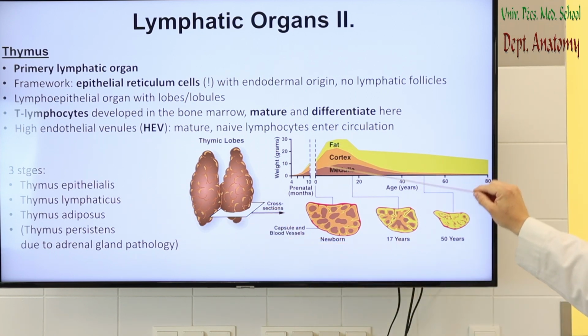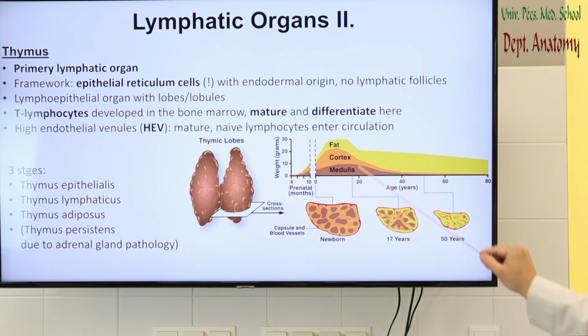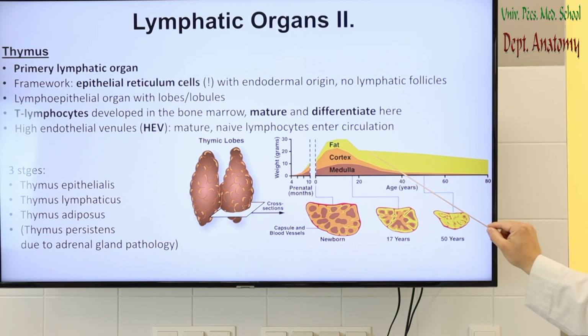As you can see, this era lasts until roughly puberty. At puberty, the medulla and cortex proportion starts to decrease, and over the years it will decrease to an almost undetectable level, and the fat portion will increase.